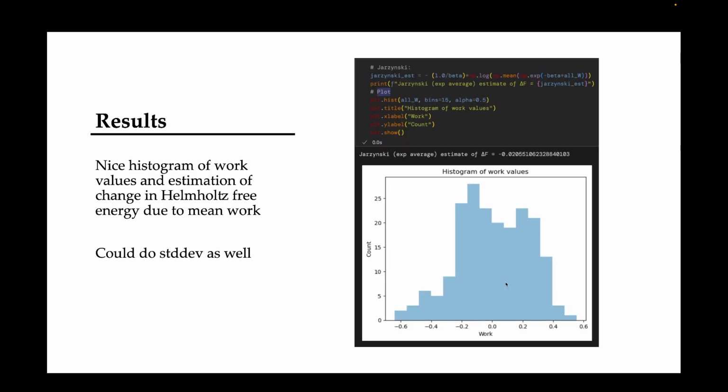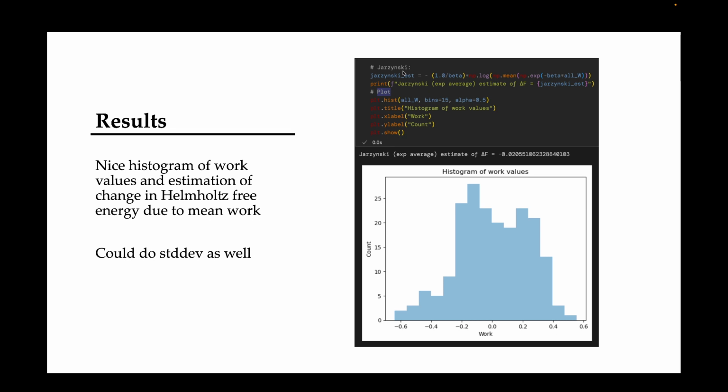And here's an example of that, right? Where we have to take the log of the mean of the exponent, where beta is our kBT. Anyway, if you work backwards, this is essentially the statement that gets you this change in free energy.